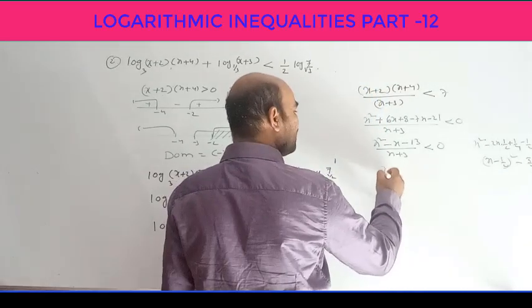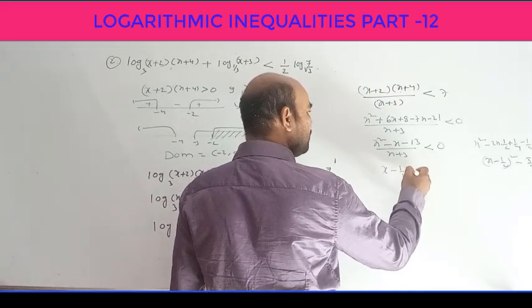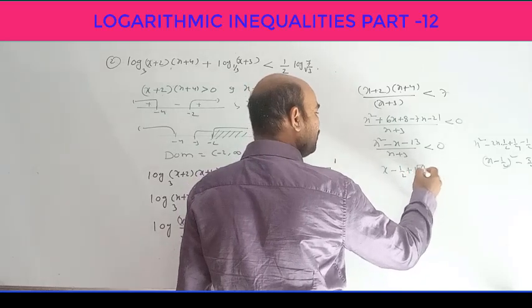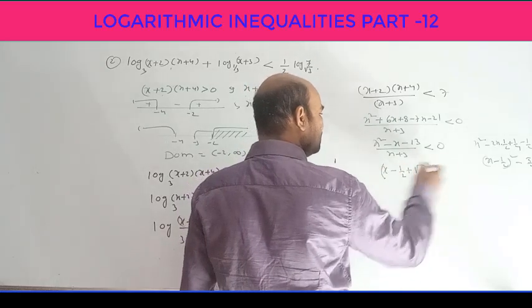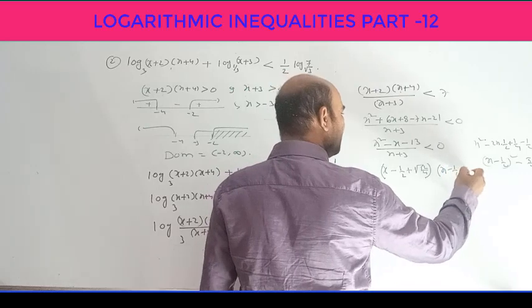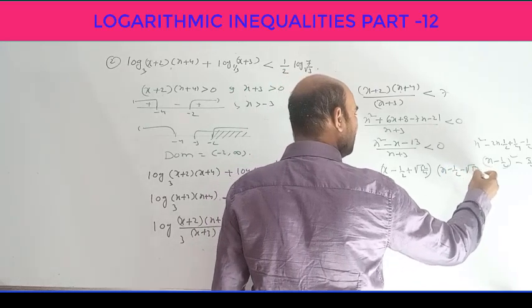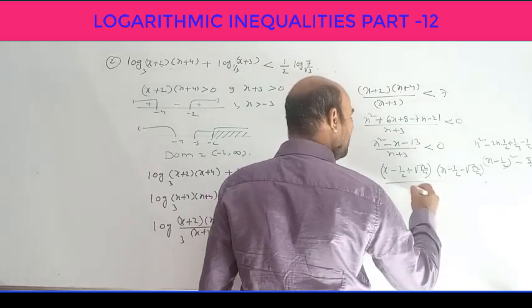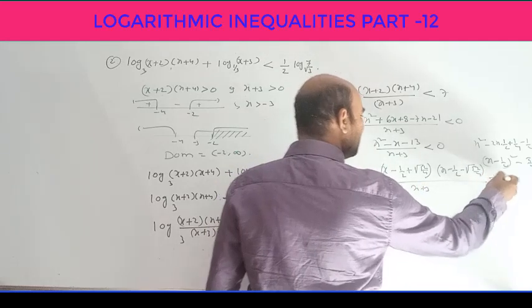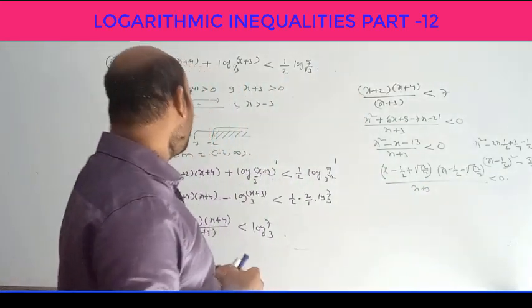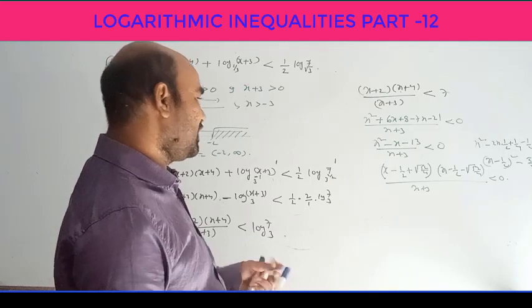Our numerator can be written as x minus 1 by 2 plus root 53 by 4 into x minus 1 by 2 minus root 53 by 4, by x plus 3 less than 0. Now I want to identify it on the number line.